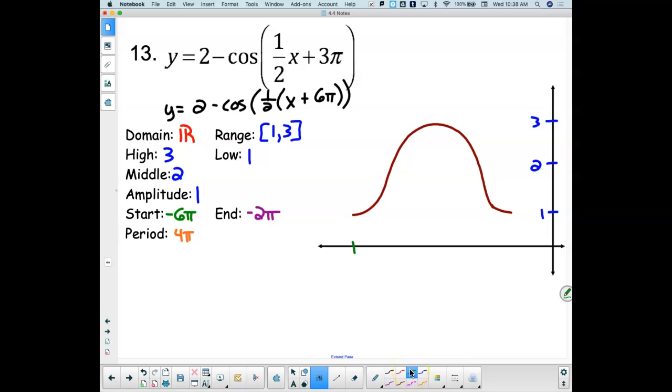Started at negative 6 pi, ended at negative 2 pi, puts my middle at negative 4 pi. Puts those there. Yes? Okay. Sounds like a plan.